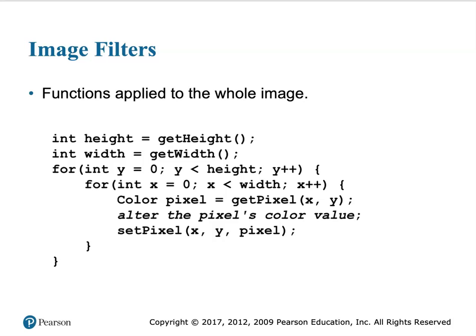So the basic structure of every one of your filters is going to be to grab the height of the image, to grab the width of the image, and for every pixel Y position in the height, for every X position or pixel in the width, get that color data, do some function, and then reset the color data with the new color value. That's how these image filters are going to work.